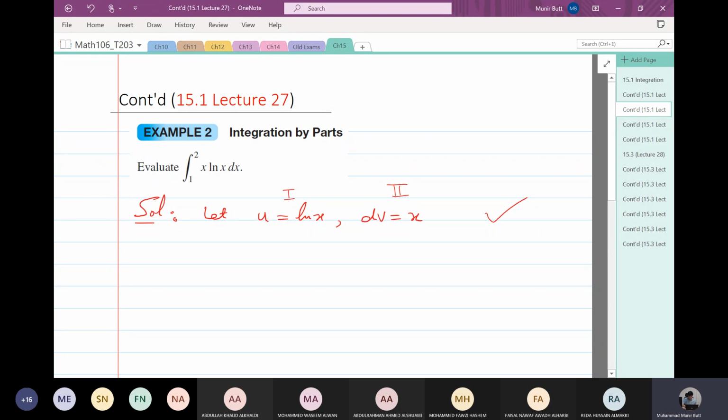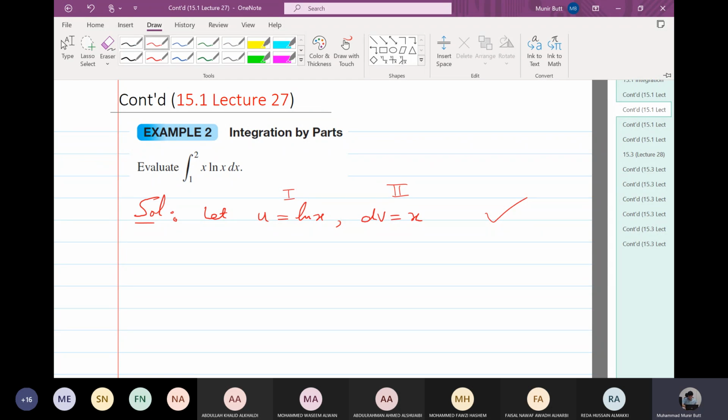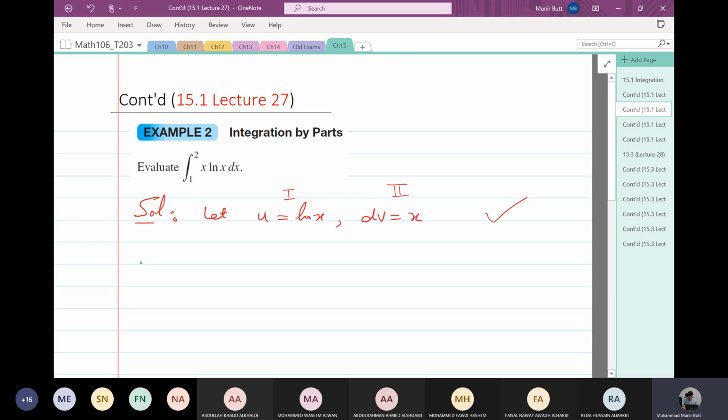So this is what I want to emphasize. So now what will happen? Therefore this integration from 1 to 2 of x ln of x dx is equal to, remember, u is ln of x and then dv is x dx.